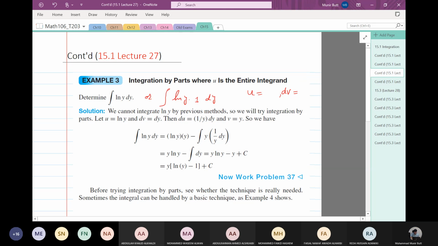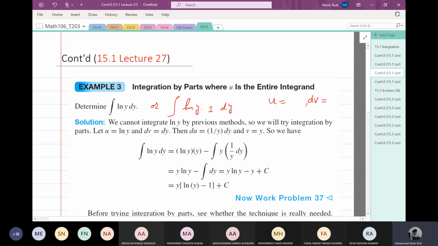Can you guess? The ln is the first function. Okay, because its derivative is possible. Very good. And the second will be 1, because we can integrate 1 and it will be y here. So this is the first step.